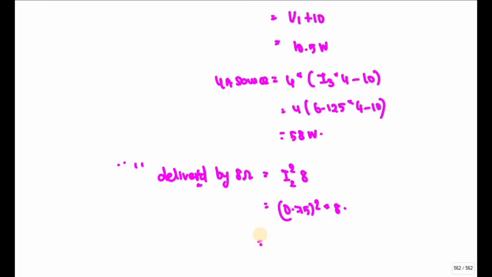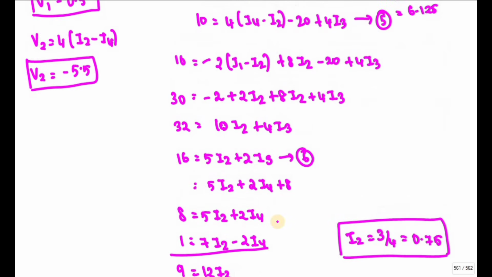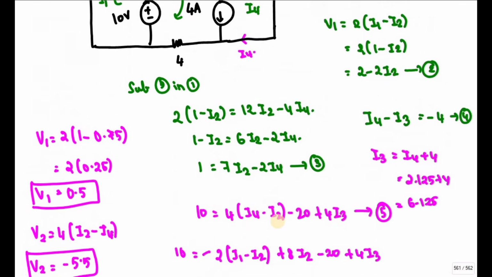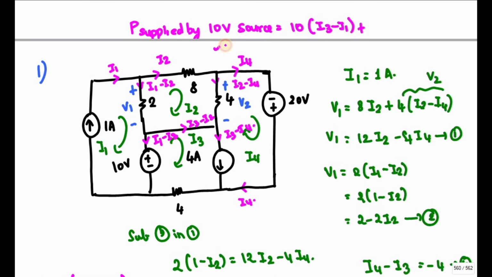Next, they ask to find the power supplied by the 10 volt source. 10 volt into the current flowing through it, which is I3 minus I1. Why I3 minus I1? Because it is a power delivered, so it should be in the opposite direction.